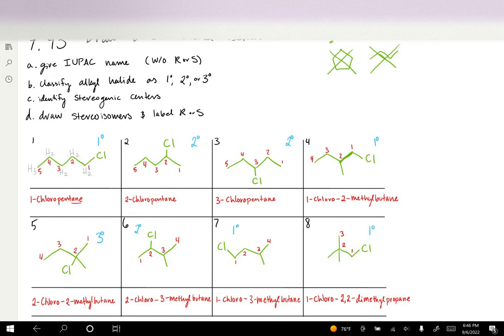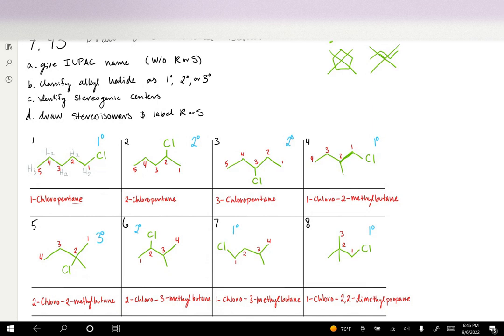Okay, now stereocenters. Let's scan through these to determine which have stereocenters. Structure 1 has no carbons with 4 unique groups.